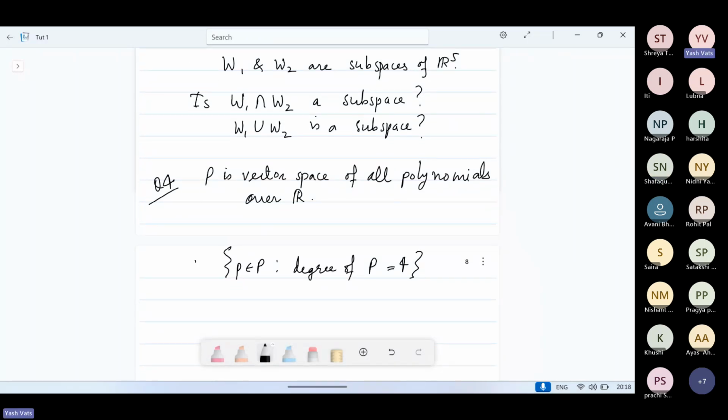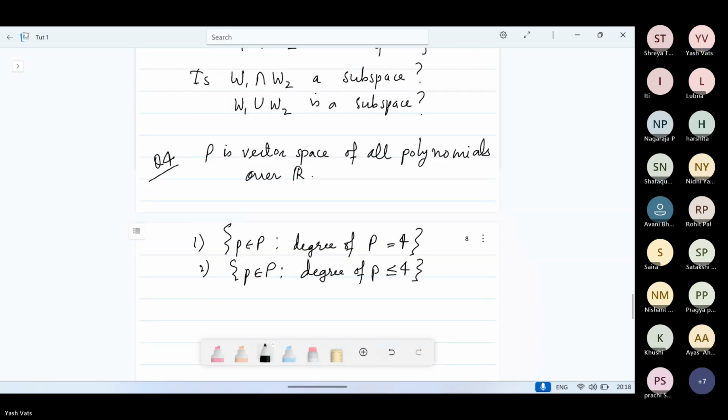So this is one set. Second set is p in P such that degree of p is less than or equal to 4. Third, p in P such that degree of p is greater than or equal to 4.